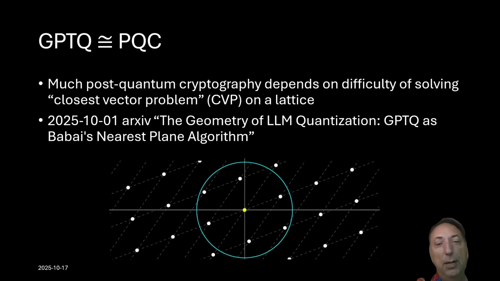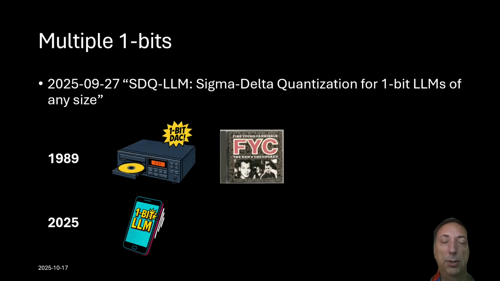But again, remember, we're talking about vector spaces that are thousands of dimensions. And there it becomes an actually difficult problem. So this correlation, this isomorphism identified by the paper between GPTQ and CVP allows all the knowledge developed under CVP to be applied to GPTQ and come up with some nice results and shortcuts and so forth.